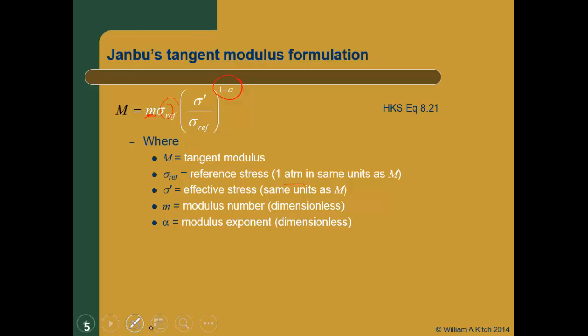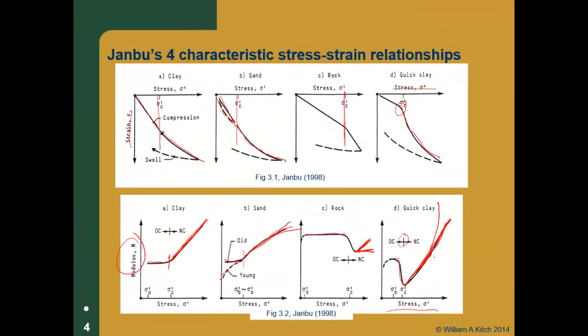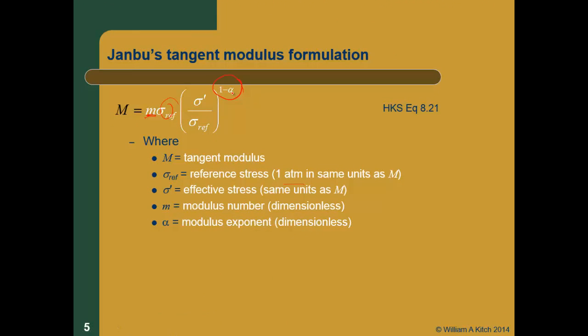Remember, if we go back to here, for the overconsolidated clays and for the rock, this is constant, right? The modulus as a function of stress is constant. So for those materials, what's alpha going to be if the modulus is constant for all stress? 0.